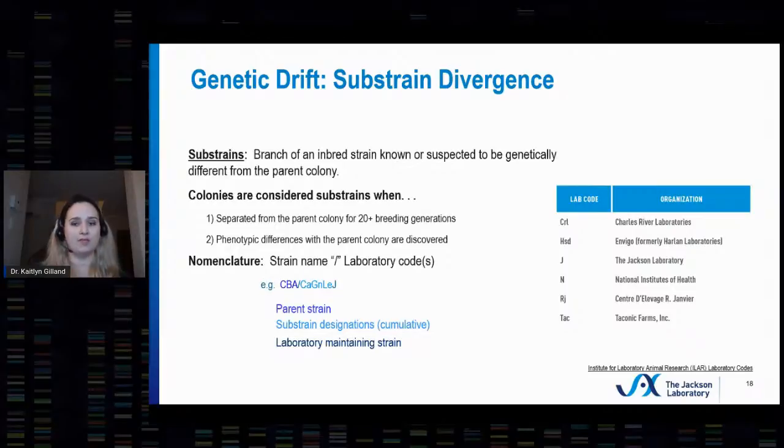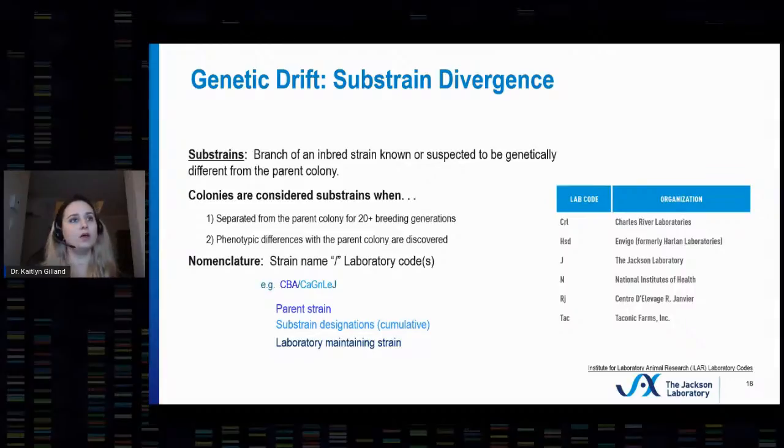By definition, a substrain is a branch of an inbred strain that is known or suspected to be genetically different from the parent colony. Substrain designations are applied to colonies when they have been separated from the parent colony for about 20 generations or more, or when there are known phenotypic differences between the two populations.